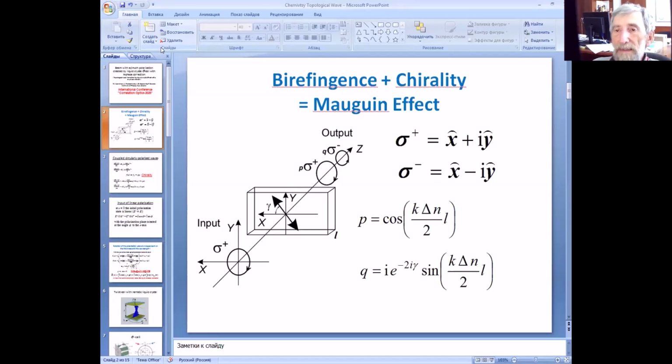Circular polarization, say sigma plus, after this slice of birefringent medium appears as a superposition of the same polarization with coefficient P and the orthogonal polarization sigma minus with coefficient Q. These coefficients are written simply as P and Q. The same will appear if we use sigma minus as the input polarization. So we have this superposition as output, and we have interplay between these orthogonal polarizations if both of them exist at the entrance.